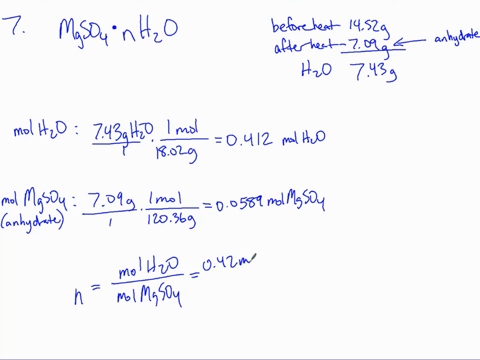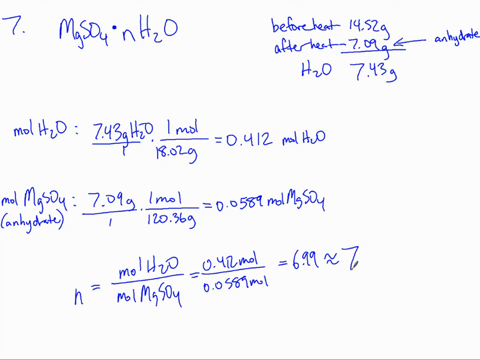So 0.412 moles divided by 0.0589 moles. That's what you get: 6.9, or 7. Yeah, so your calculated answer is like this. It has to be a whole number. We're going to call it 7 because that's really pretty close.